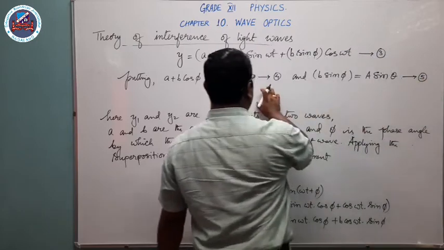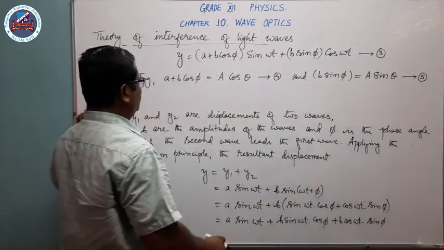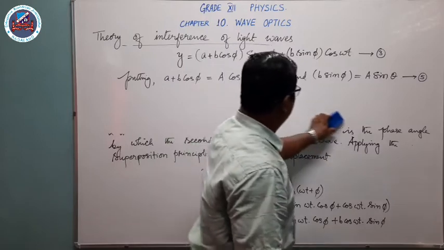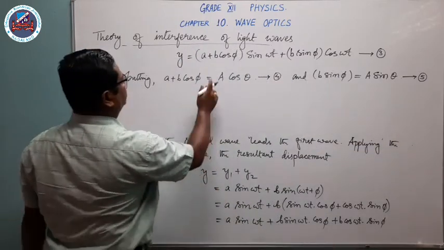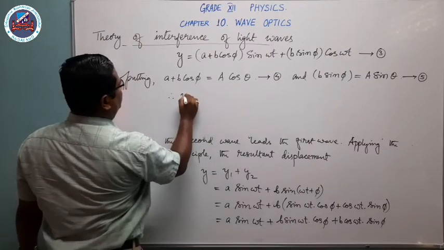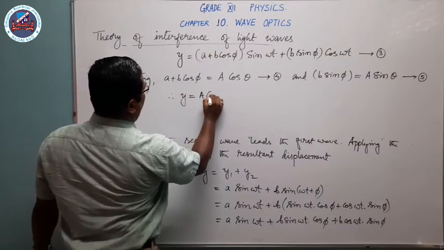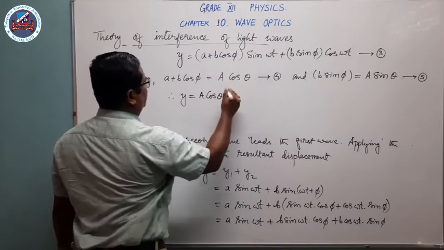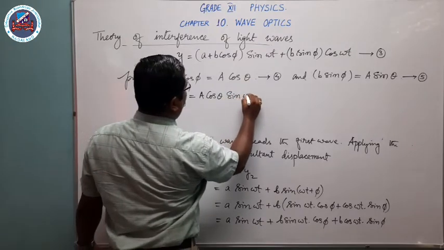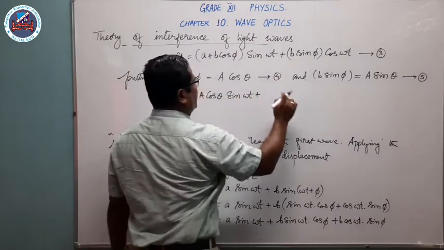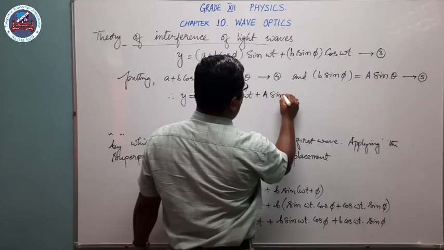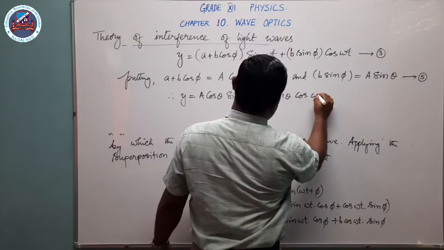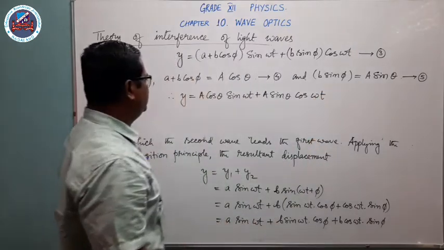Now if you put the value of 4 and 5 in equation 3, you'll get y is equal to A cos theta sin omega t plus b sin phi, this A sin theta cos omega t. Like this will appear.